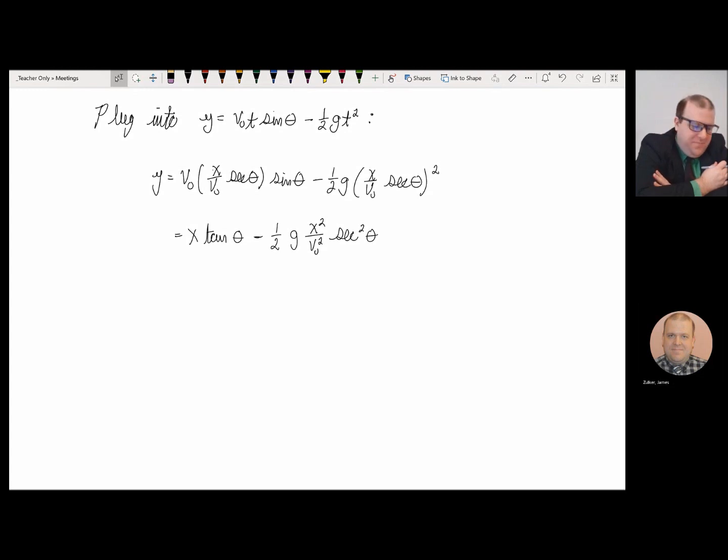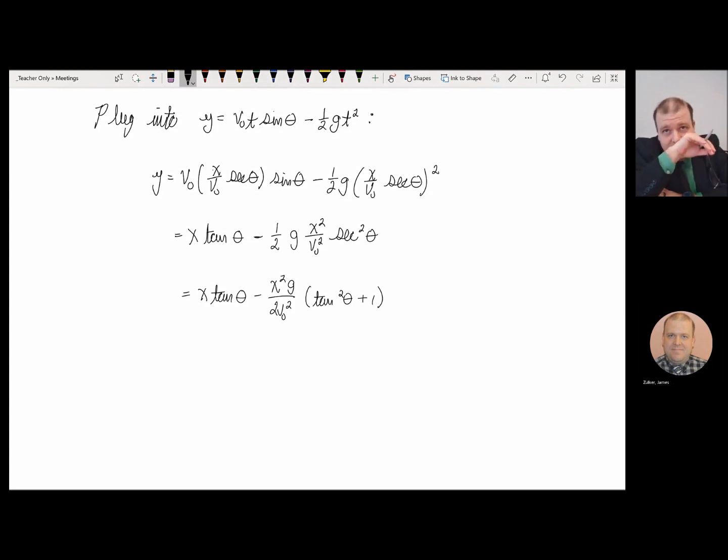Write this as a function involving a single trig function instead of two different ones. Then secant squared is tan squared plus 1.